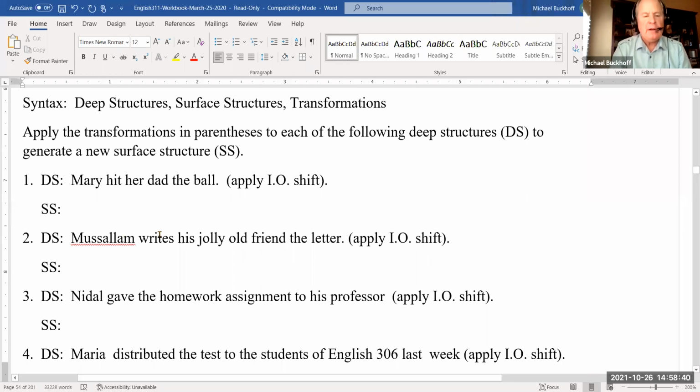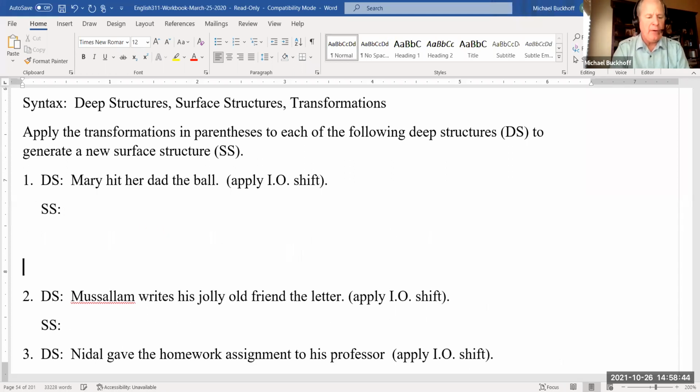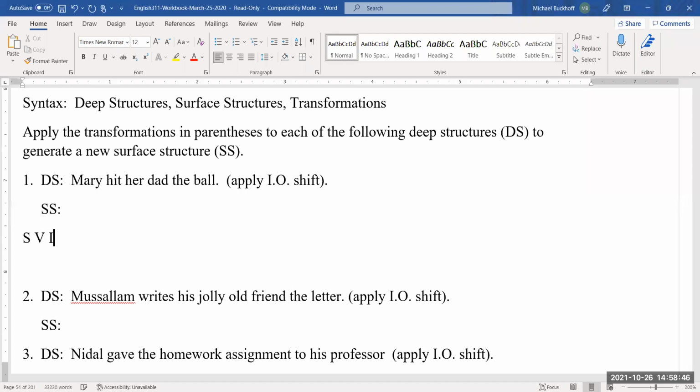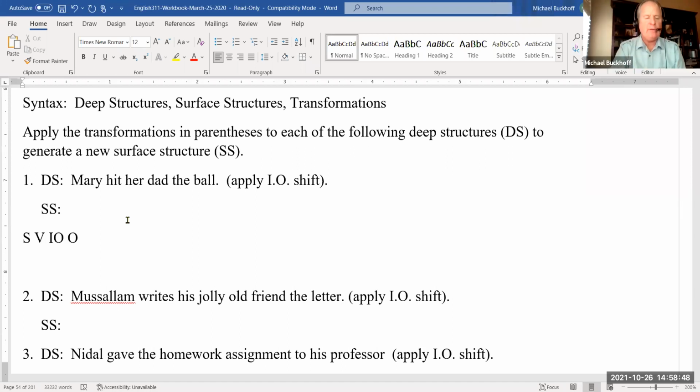So Muslim writes his jolly old friend the letter. So now what you're seeing here is the subject, verb, indirect object, object. It seems crazy, but you can put two nouns in a row. It is possible to do it, and you can do it with this sentence type.